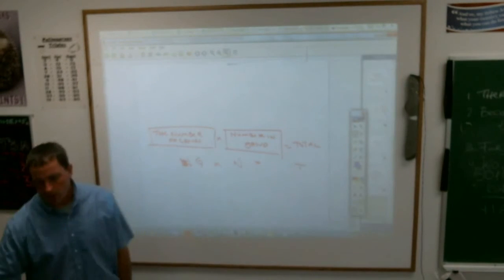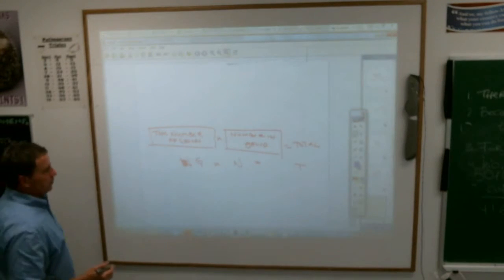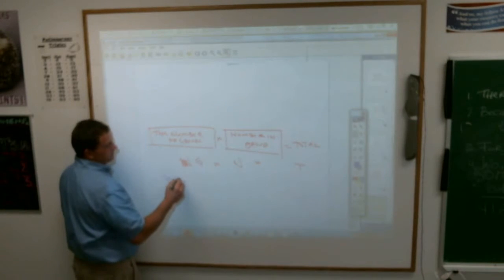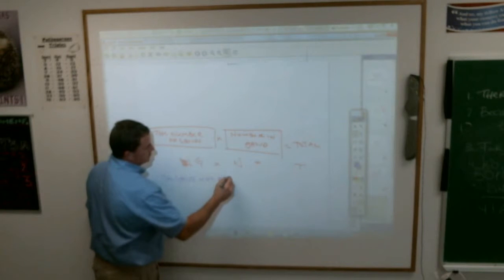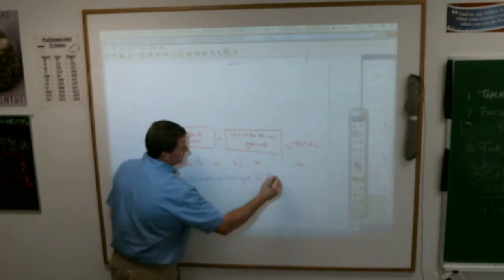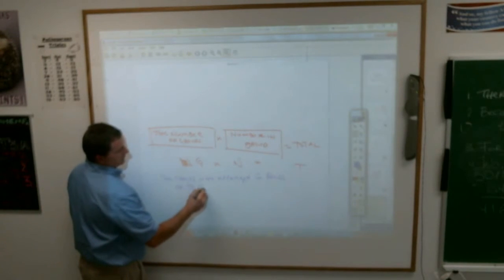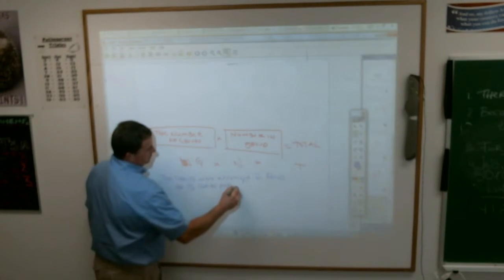Here is a problem. Write this down. The chairs were arranged in rows of 15 chairs per row.